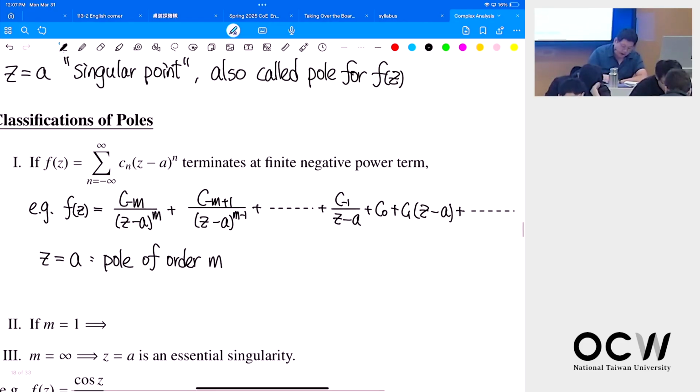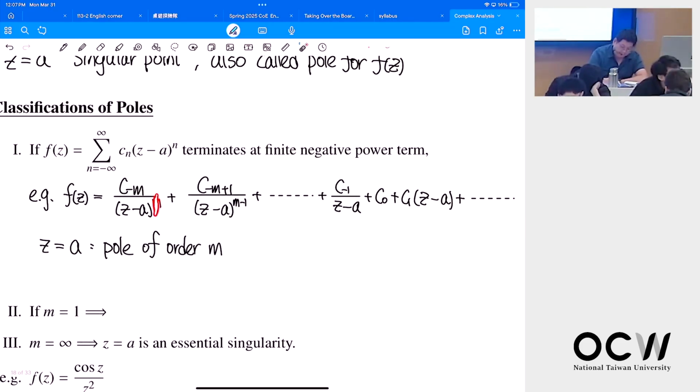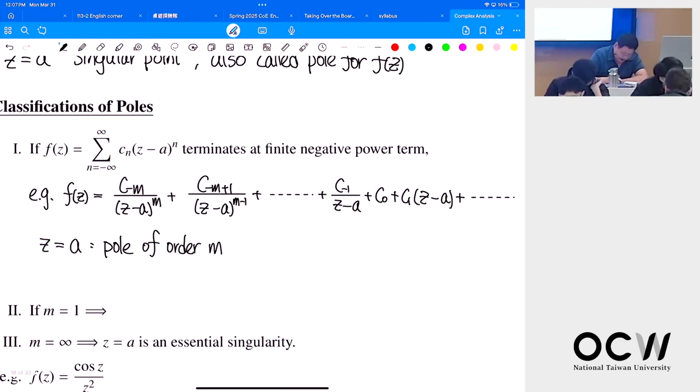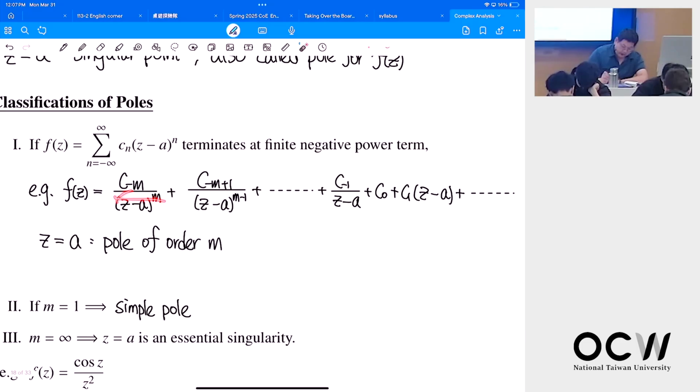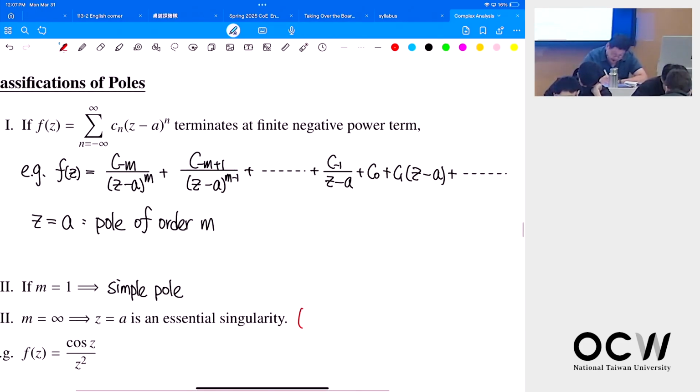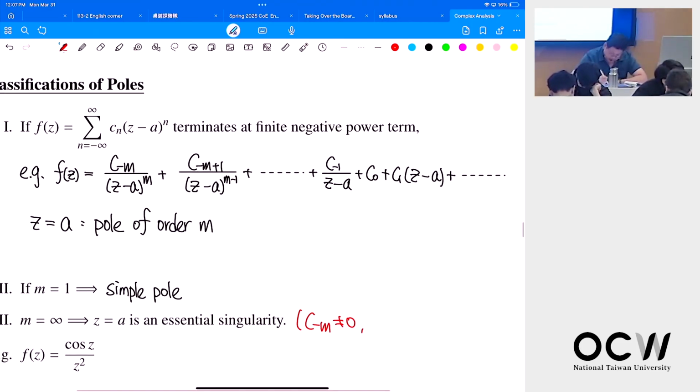If m is just 1, then we say this is a simple pole. If m goes to infinity, then we say z equals a is an essential singularity. And here we should notice that c sub minus m is not equal to 0, and m is positive.